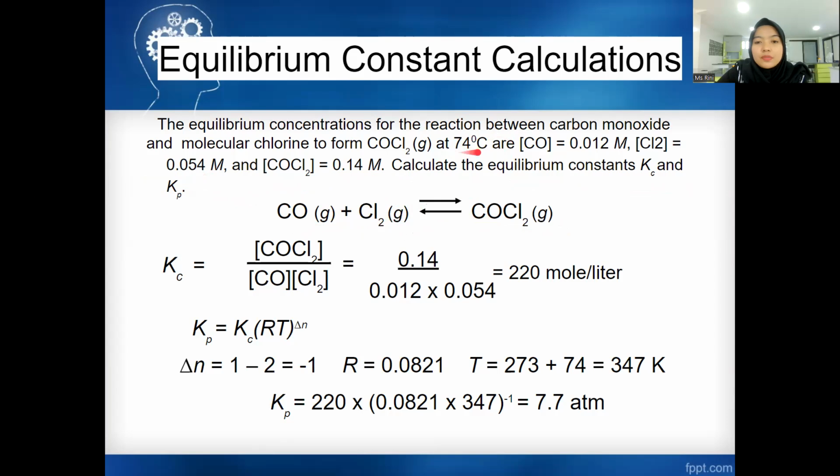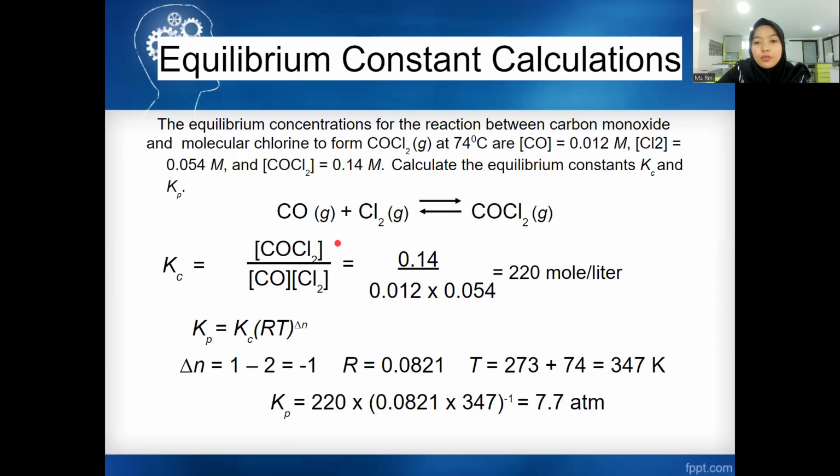From this question, we have the concentration of all substances in this reaction. We can use this information to find Kc, because the Kc formula needs the concentration of all substances involved in this reaction.